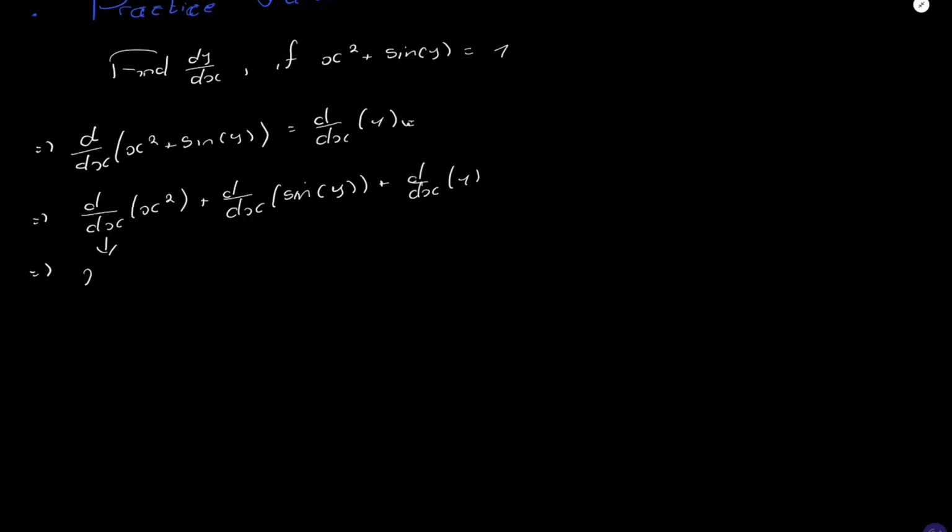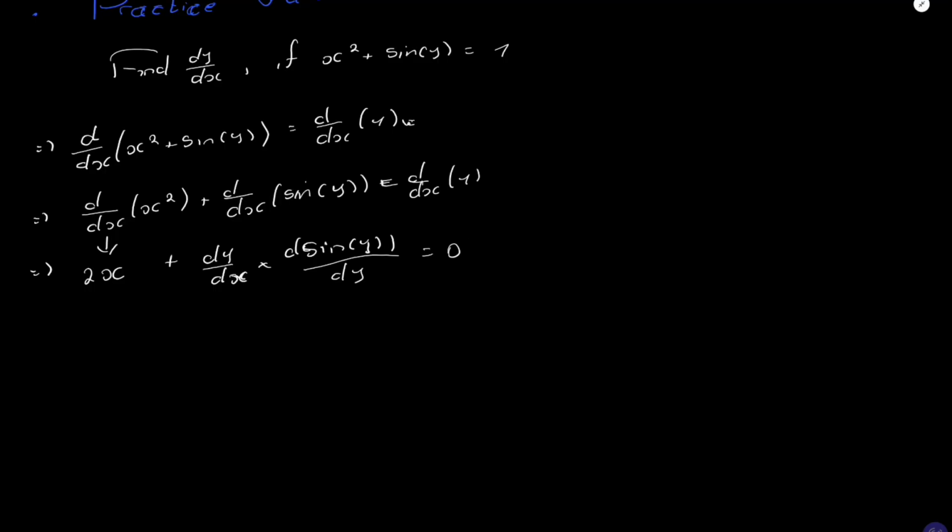What does this first term give us? 2x plus, what does the second term give us? dy/dx times the derivative of sine y with respect to y. So this is dy/dx times d of sine y over dy is equal to, what's the derivative of a constant? Derivative of a constant gives us 0.